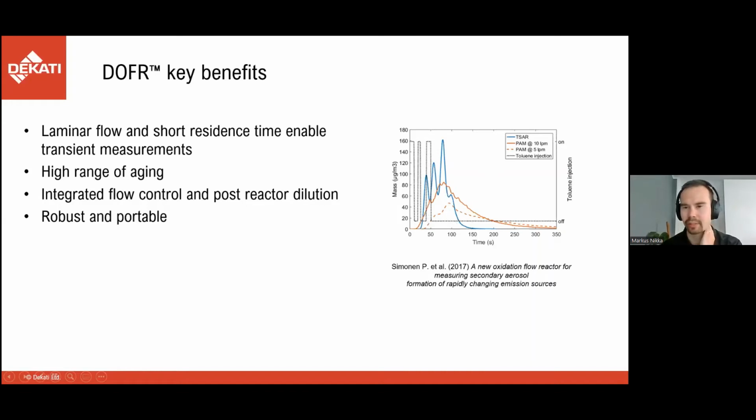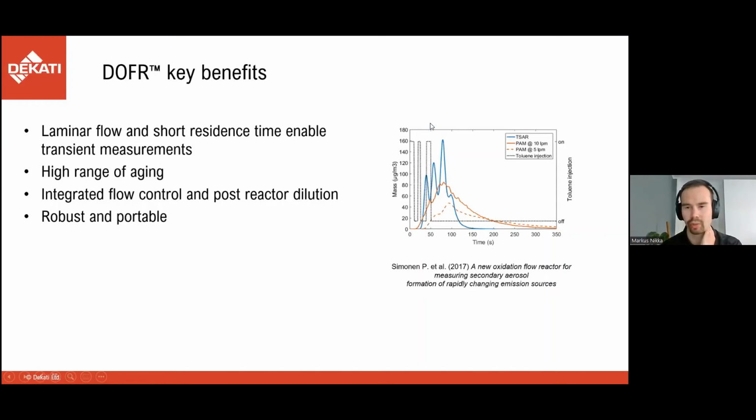In comparison, there are two lines with a different reactor type, which is not laminar, and you can see that you can't distinguish these 3 peaks from each other. You get only one large lump.